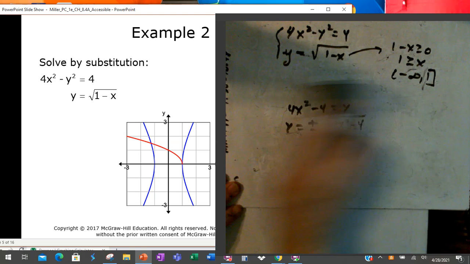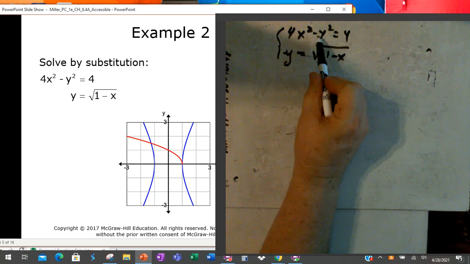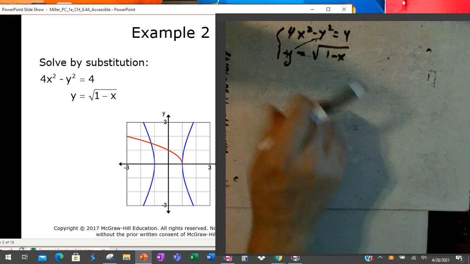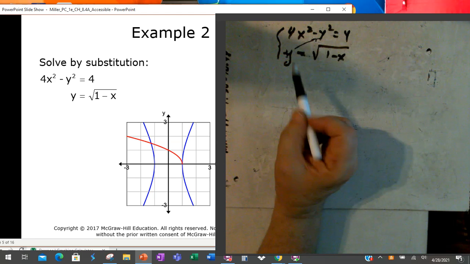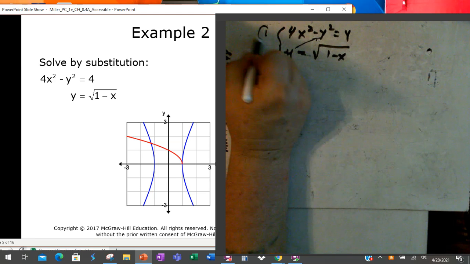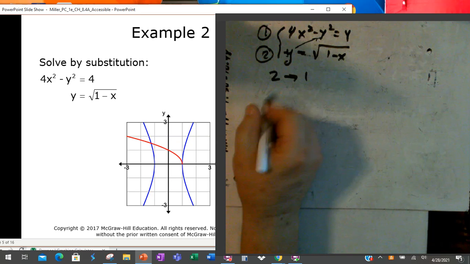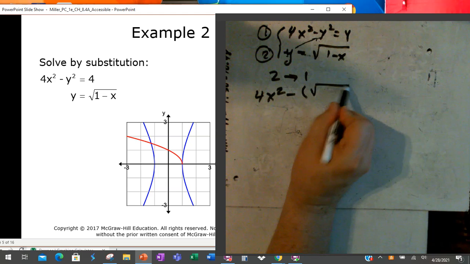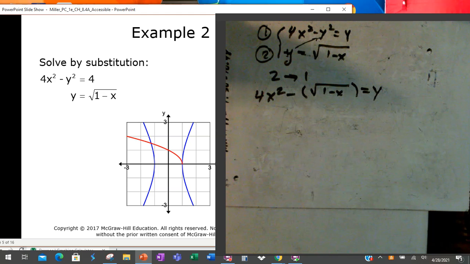So what I want to do, I've already got this for y, so I'm going to substitute that directly into there. Okay, depends on the form of the system, but I want to do substitution, so I'm looking to get one of these in here. So this is equation 1, equation 2, 2 into 1, then I get 4x squared minus, like that.